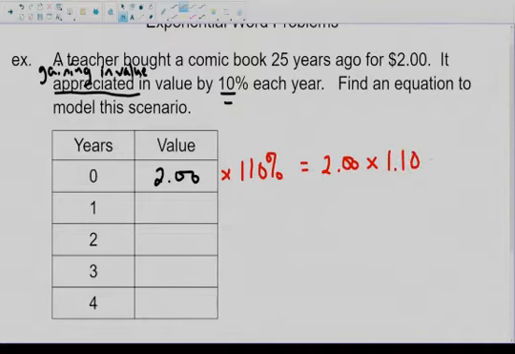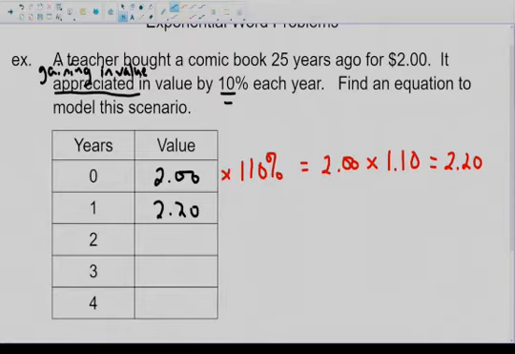So 1.10, and I believe somebody had already given the answer of 2.20. Okay, so you're taking your original $2, multiplying it by 110% because that's the new value, and that's going to be the value that we have in our second entry of the table.